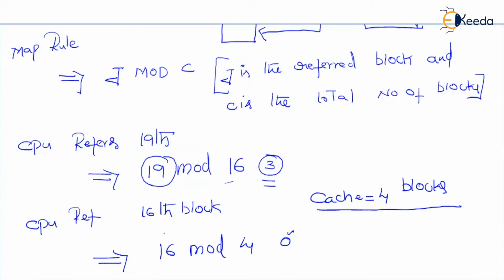That is, the 16th block of the main memory will get mapped to the 0th block of the cache memory. This is simply because the mapping rule is the referenced block of the main memory mod the total number of blocks in the cache memory. This is what the mapping rule is all about.